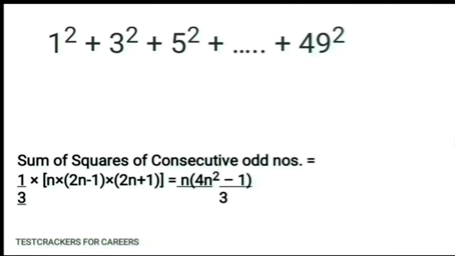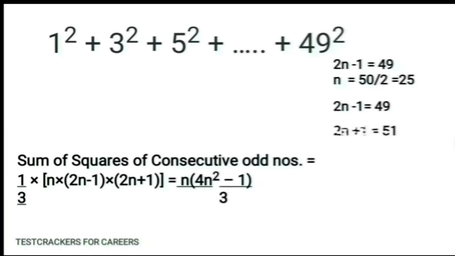We have 2n minus 1 is equal to 49, therefore n is equal to 25 and 2n plus 1 is equal to 51, which is the number next to 49 in the given series. Now substituting in n into 4n square minus 1 divided by 3, we get 20825.